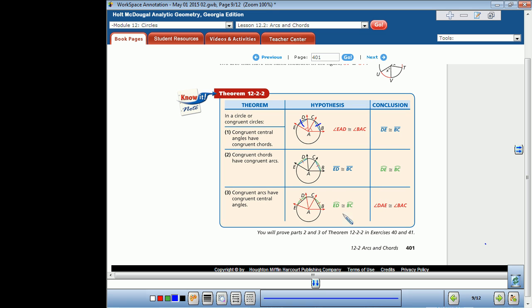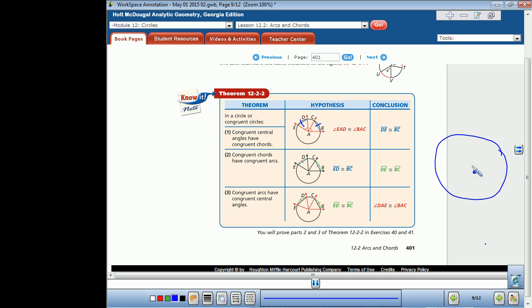So if the arcs are congruent, what do we know here? The angles have to be congruent. It's almost like the transitive property, isn't it? If 1 equals 2 and 2 equals 3, then 1 equals 3. I would probably just draw one picture.